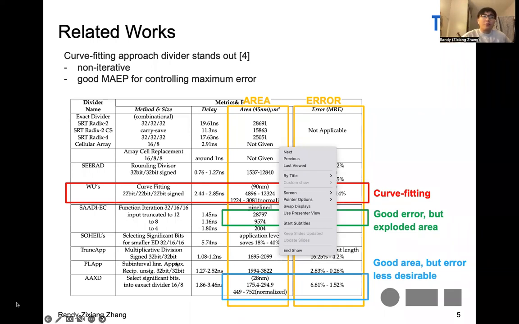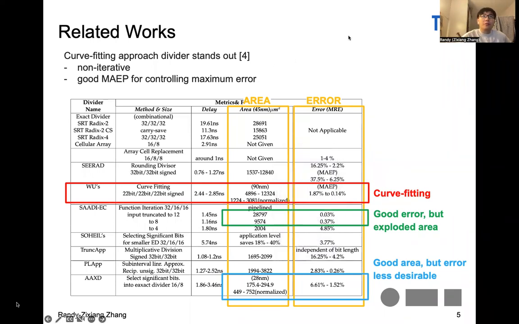From this screen, you could see this is the Taylor series expansion approximate divider we mentioned. It suffers a huge error penalty once we pipeline it, and the error is also given as a mean relative error.